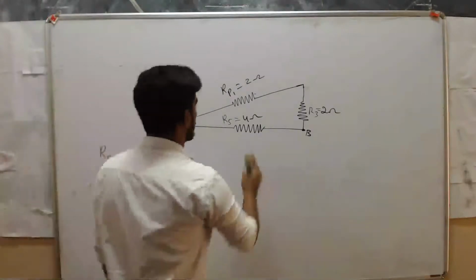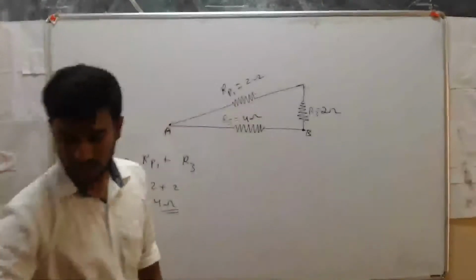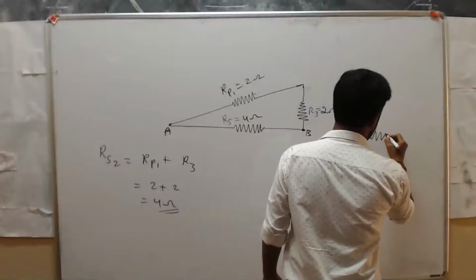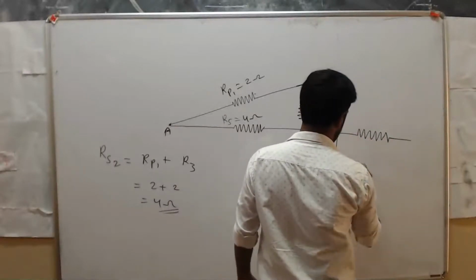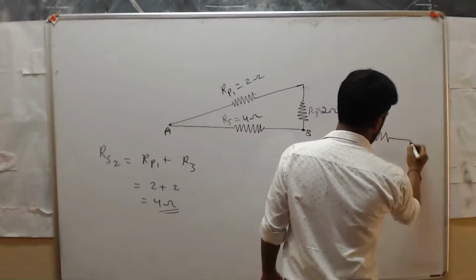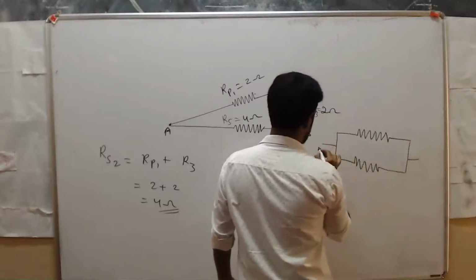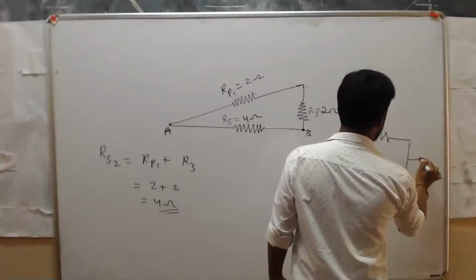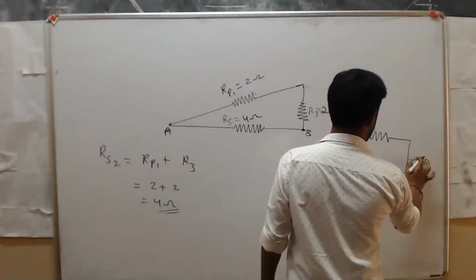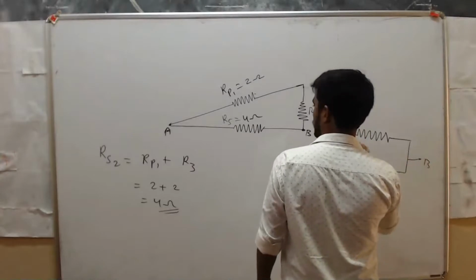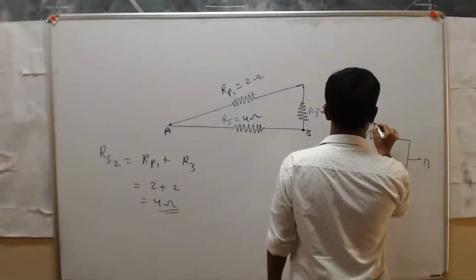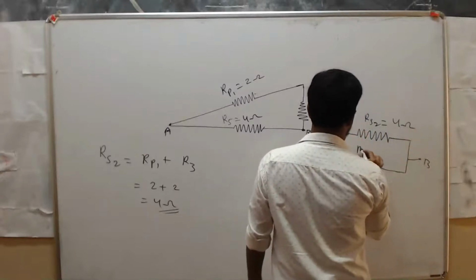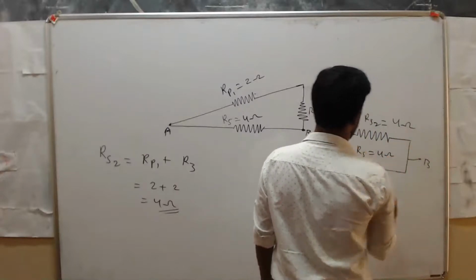Now we can redraw the entire circuit like this, with A and B. Now RS2 is 4 ohm and R5 is equal to 4 ohm.